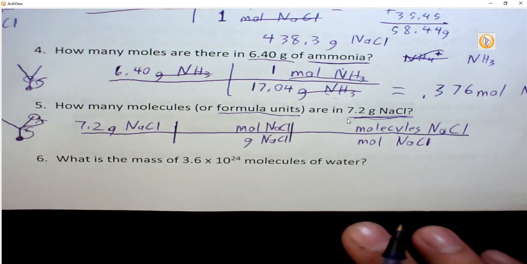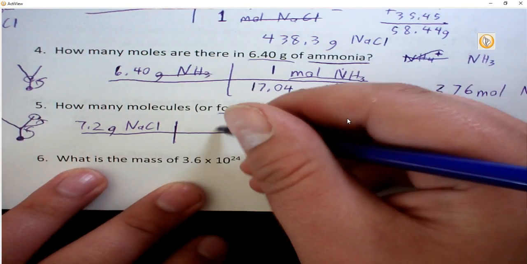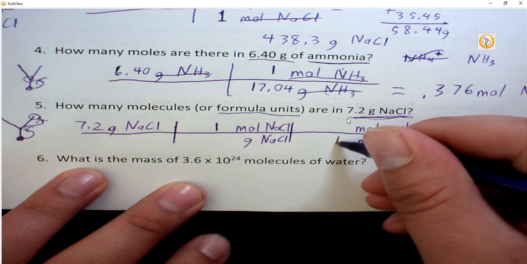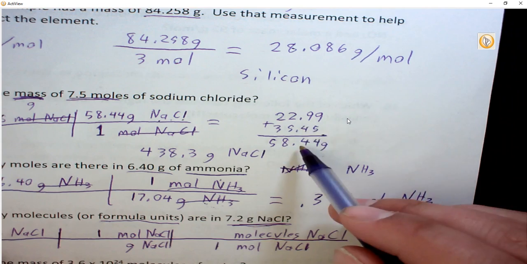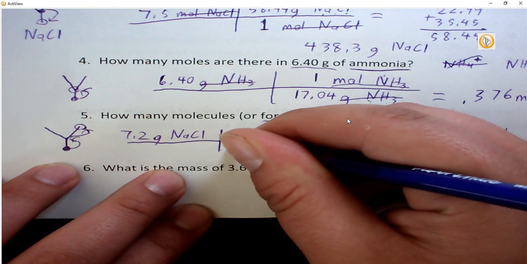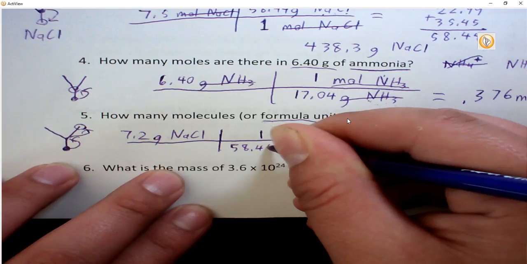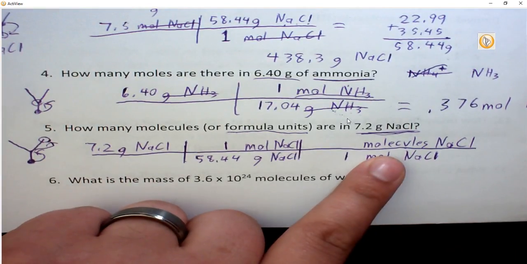So let's go through and distribute our numbers. Anytime you see moles, we get a 1. We've actually already calculated the molar mass of NaCl. We actually did that right here. So I'm going to go ahead and plug that number in front of grams. 58.44 grams of NaCl. And in front of molecules, if you remember, that's that huge number.